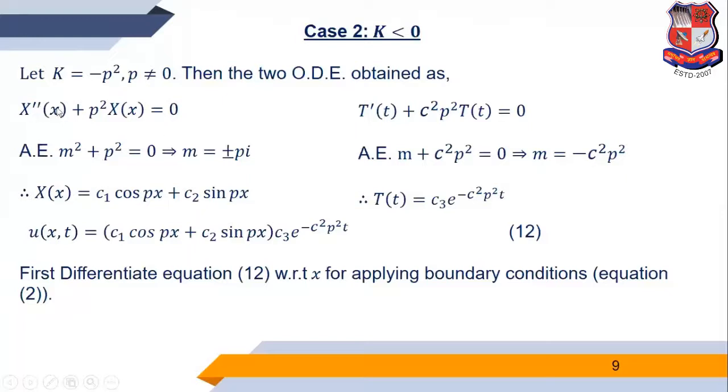So we get X double dash plus p square X is 0 and T dash plus c square p square T is equal to 0. So the auxiliary equation is m square plus p square is 0. Therefore m is equal to plus or minus ip.